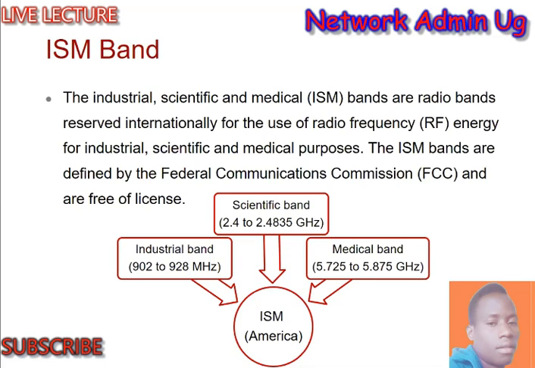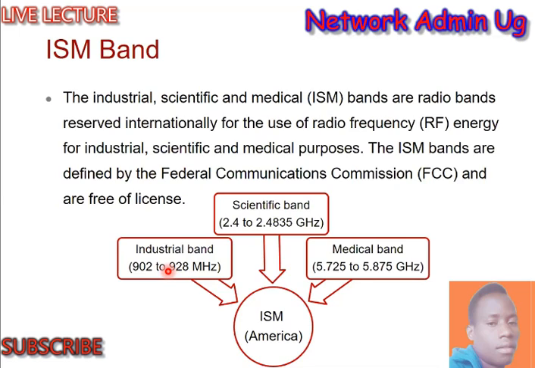The industrial band in America ranges from 902 to 928, and in Europe it ranges from the 900 megahertz frequency band. So depending on the country, the band ranges will differ.